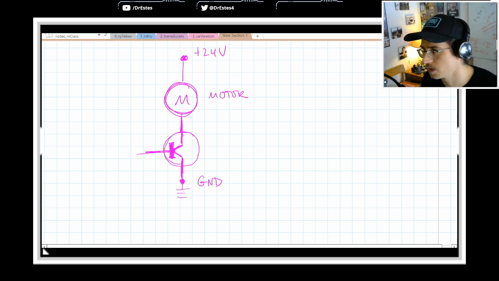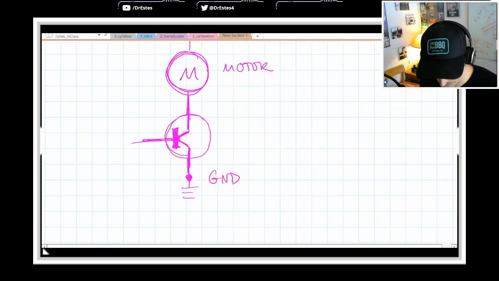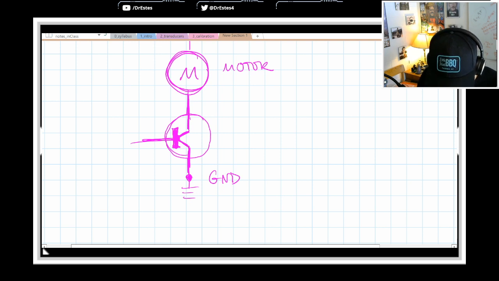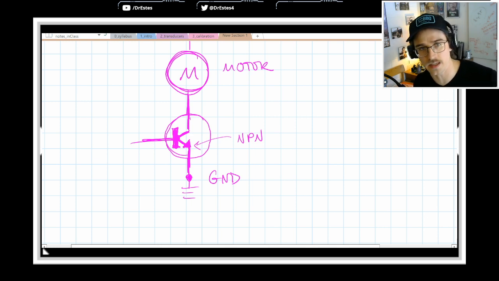So this is the transistor symbol. Actually, it's not complete yet. You draw a little arrow here, pointing out from that juncture. And if that arrow's pointing out of this, that indicates it's an NPN transistor.